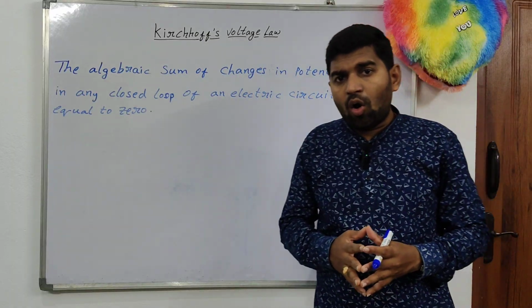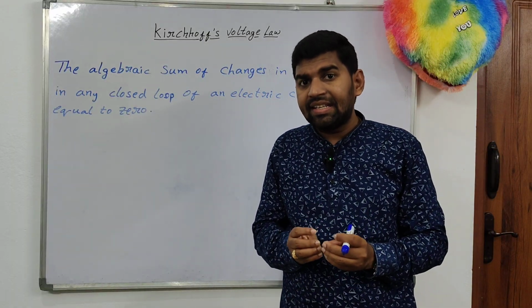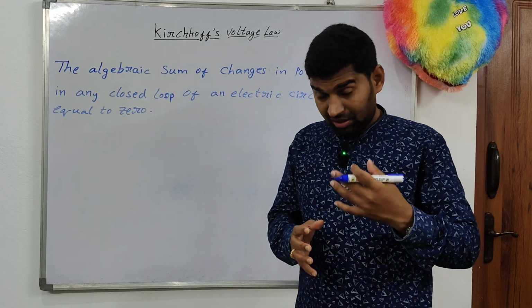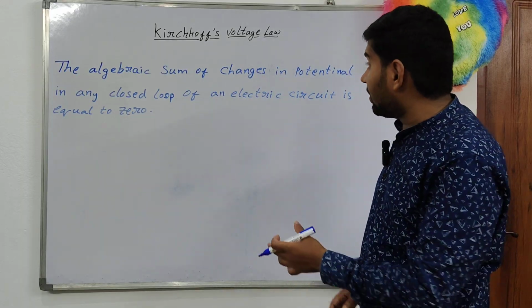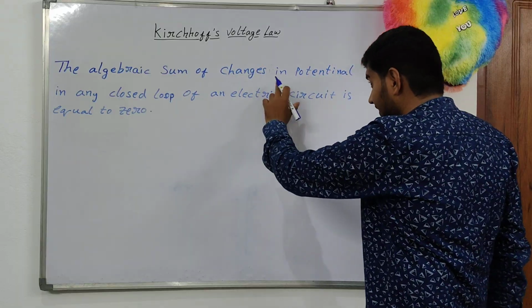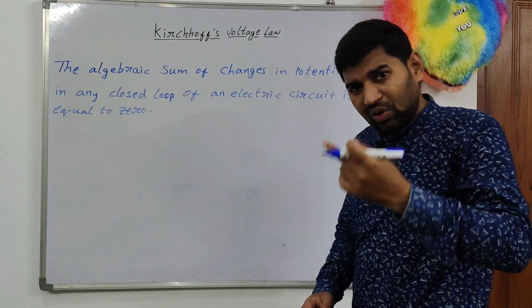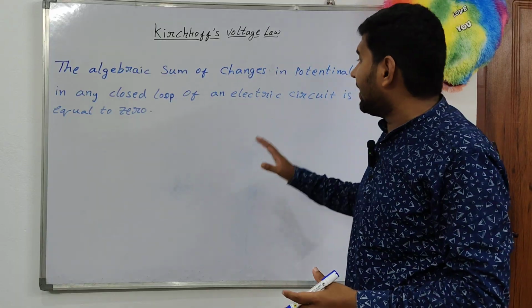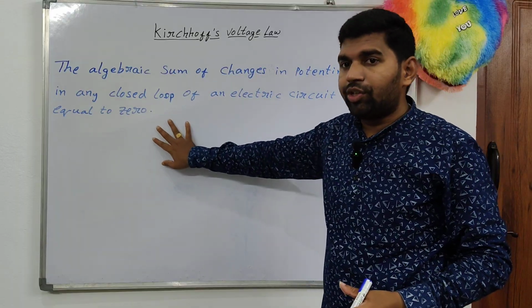Simple. The algebraic sum of changes in potential, or the algebraic sum of potential differences, in any closed loop of an electric circuit is equal to 0.